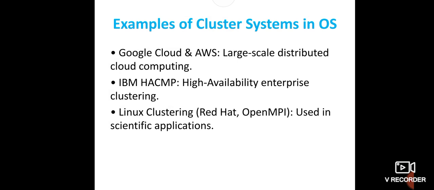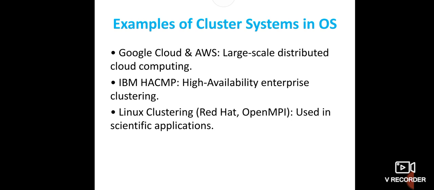And then we have discussed the examples of cluster systems. A great example is the Google search engine, right? It uses thousands of interconnected servers to handle billions of searches daily. Another example is NASA supercomputers, which analyze space data using clusters.